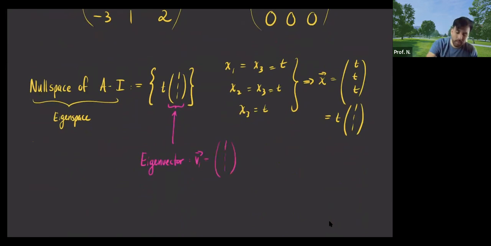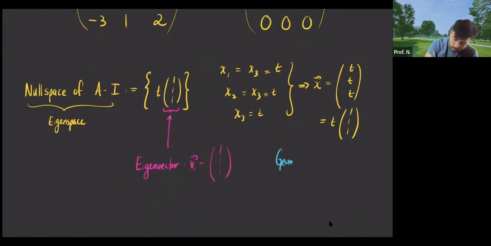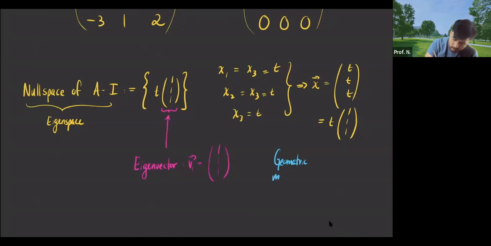And so then what can we say? What's the geometric multiplicity of lambda 1? The geometric multiplicity of lambda equaling 1 is what? It's 1.